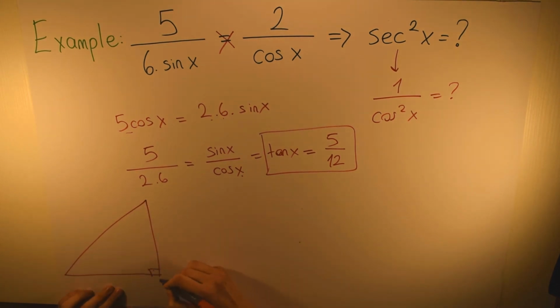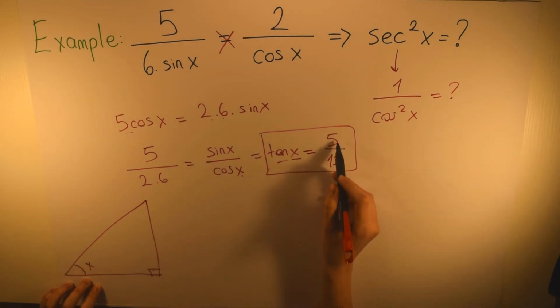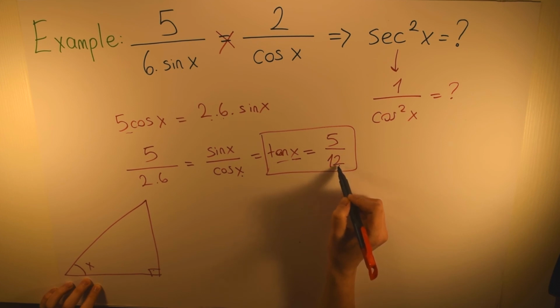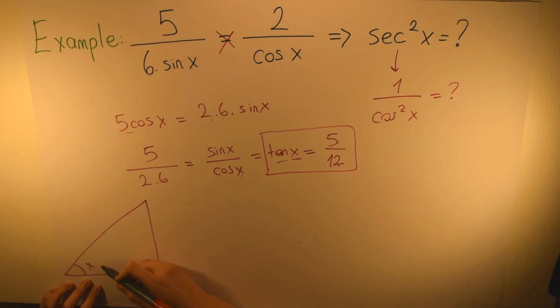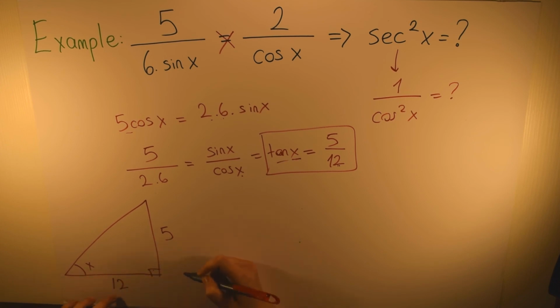Let's say this is our angle x, and tangent x is equal to 5 over 12. Tangent is opposite side over adjacent side, right? So the adjacent side is 12. This is actually a special right triangle, 5, 12, and 13, right? This is a special one. So after this, everything is much easier.